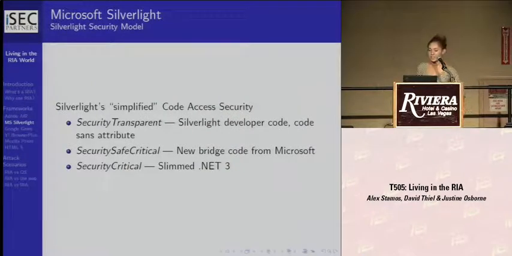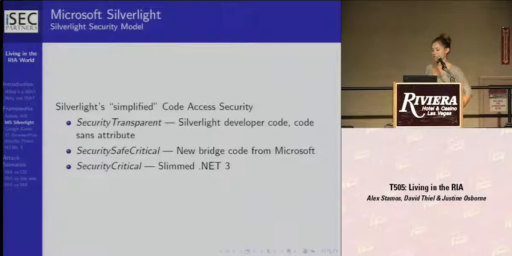Okay, Silverlight's security model is based on the .NET CLR security model, so code access security. Very briefly, code access security is security based on code identity. So your code gets different privileges depending on where it's from. If it's from the internet, it's going to have fewer privileges.